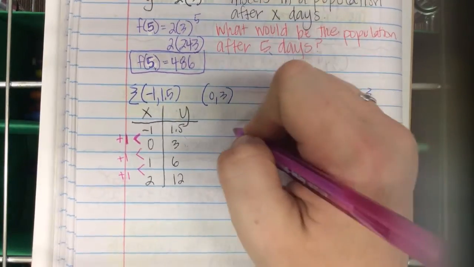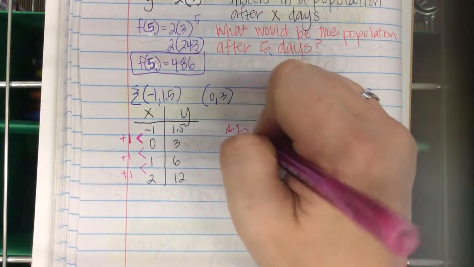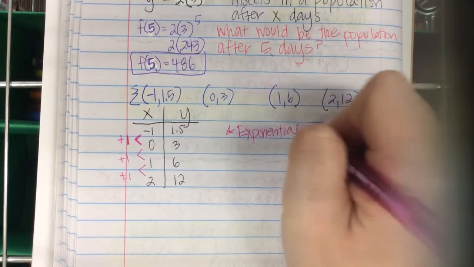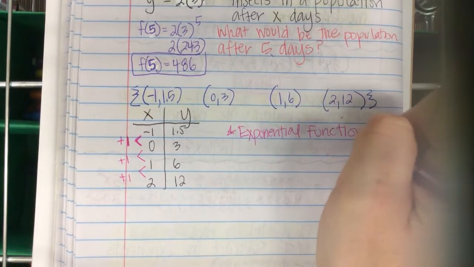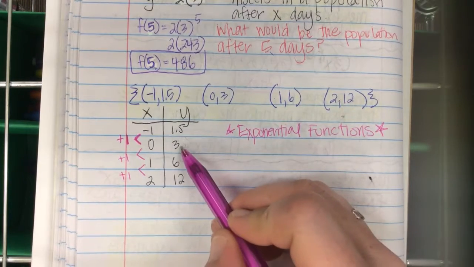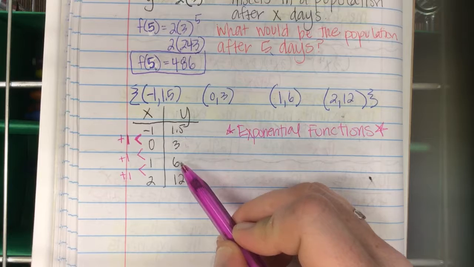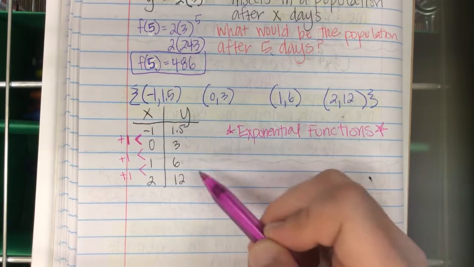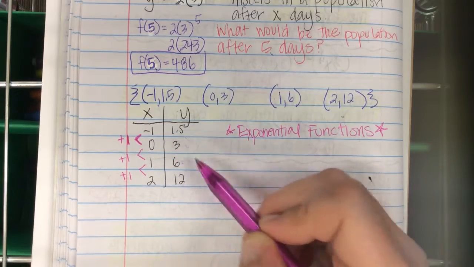But here's the change. For linear functions, I'd look and I'd say, okay, 3 plus what is 6? And 6 plus what is 12, right? I'd want to add the same amount.